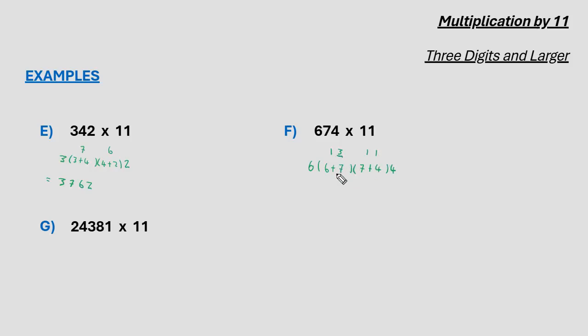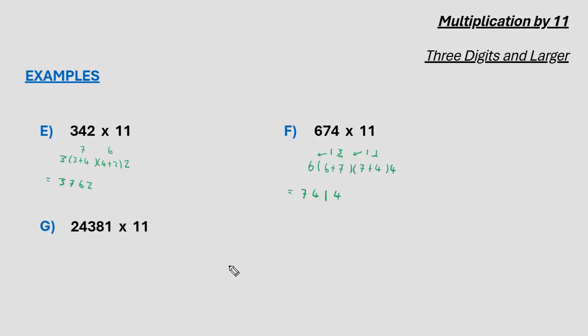So 3 will stay in this position, 1 will carry, and here 1 will stay in this position, and this one will carry. So what we get, 1 added on to 6, 7. Now 1 here is added on to our 3, 4. 1 stays put, and we have our 4 at the end. So for 674 multiplied by 11, we have an answer of 7,414.